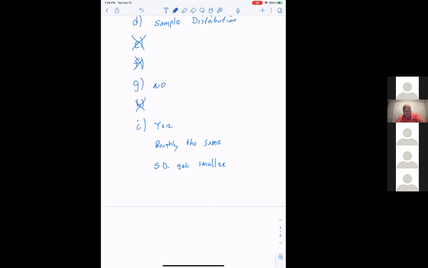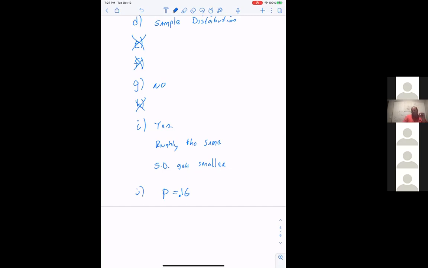It says here 16% of them are going to be green. So what symbol should be equal to 0.16? p, excellent. Not p hats, but p itself. The actual proportion of greens made is 0.16.